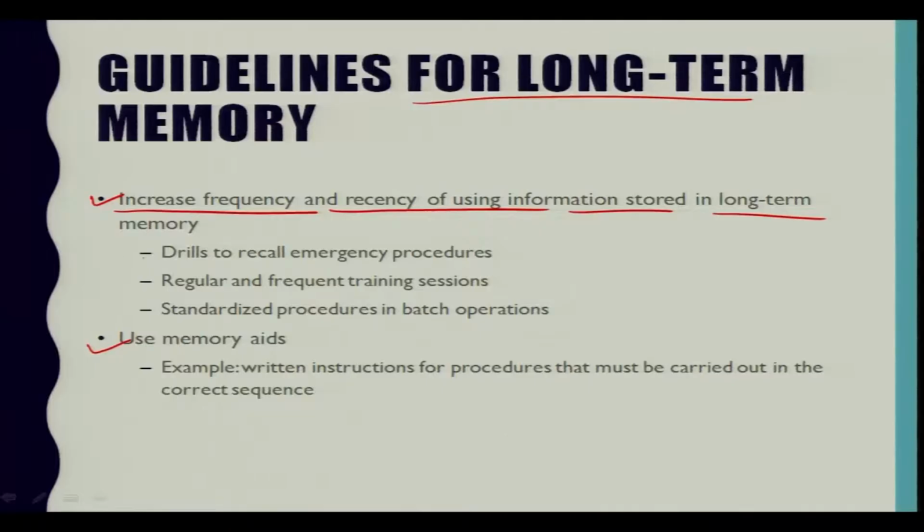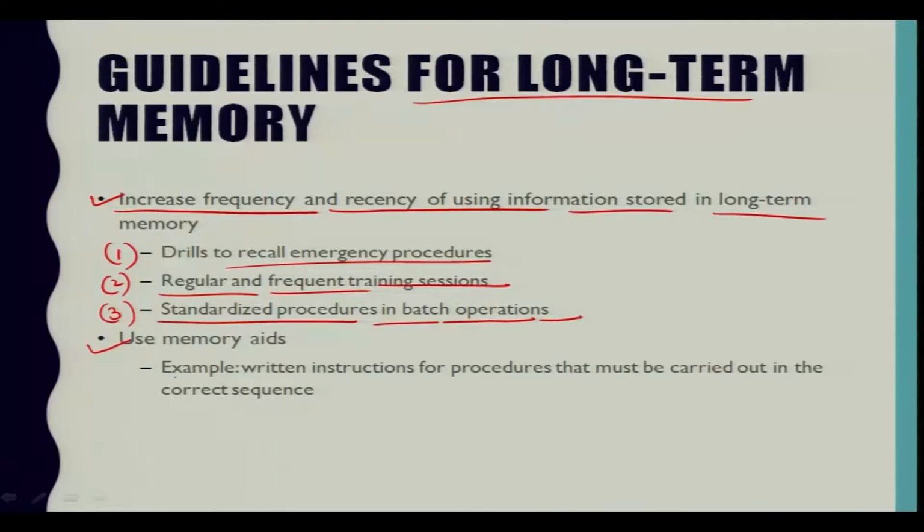The first may be having drills to recall emergency procedures, holding regular and frequent training sessions, and third, standardizing procedures in batch operations so that all kinds of jobs consist of similar steps or approaches.